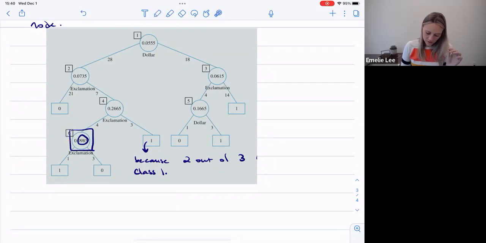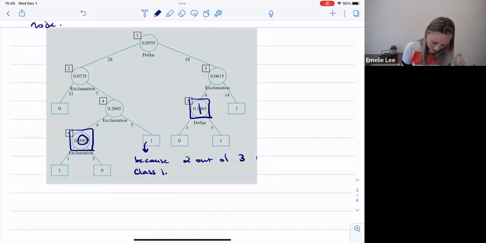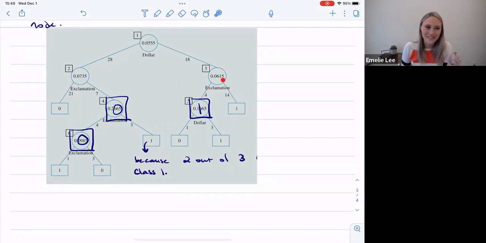That was my 6th node. My 5th node, if I prune this up, then I have 1 zero and 3 ones. So this is going to be a 1. Okay. And then my 4th one, I have 4 zeros and 3 ones. So then I'm going to have this become a 0. And then here I have 4 ones and 14 ones. So this is going to become a 1.